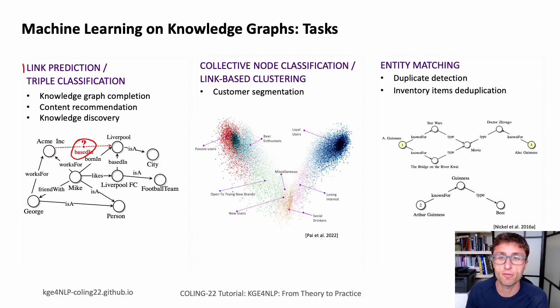Or we can use graph machine learning for entity matching to deduplicate entities, nodes of a graph, and this is something quite interesting because it leverages the network of a graph, the connections of the graph, to come up with solutions to the problem. Like in this case here, we have A. Guinness. Is this Arthur or Alec? Well, we can take a look at the topology of a graph and conclude that we're talking about Alec and not about Arthur.